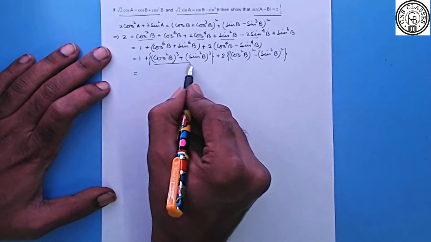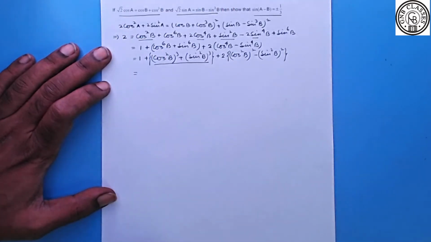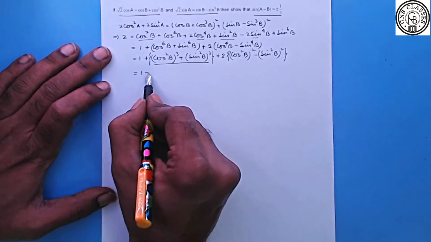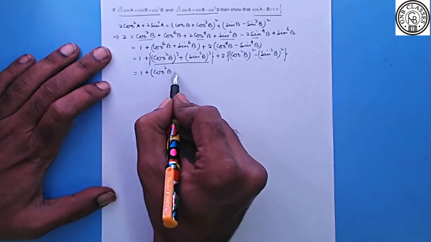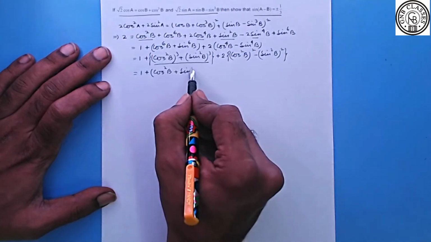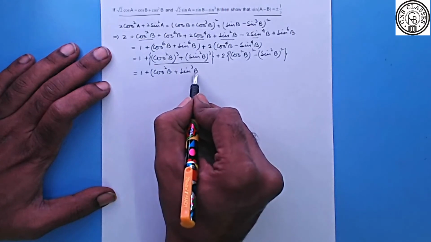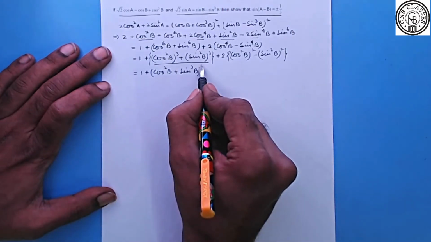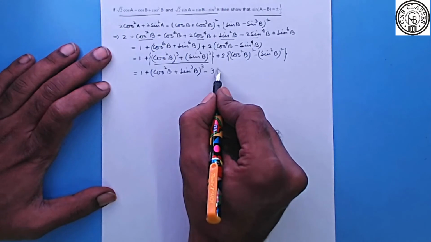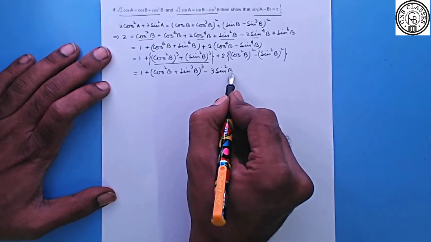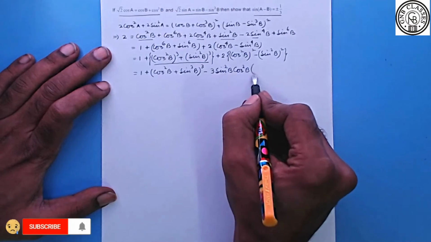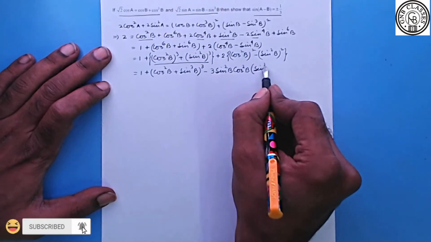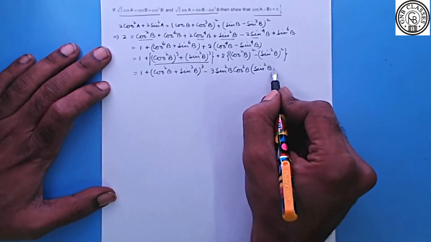So now I'm expanding this with the formula A cube plus B cube, so we are having (A plus B) whole cube minus 3AB into (A plus B).